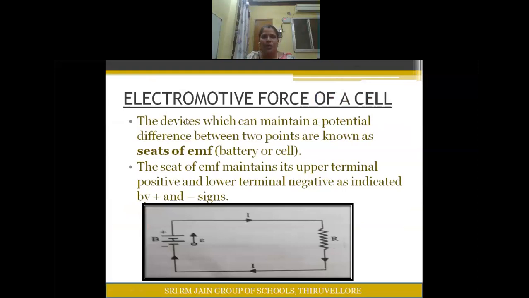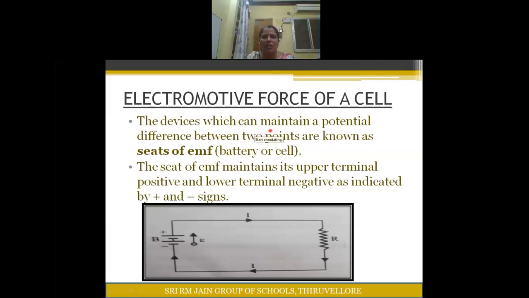We started with the cell. What is a cell? The devices which can maintain a potential difference or a steady current in an electric circuit are a battery or a cell.